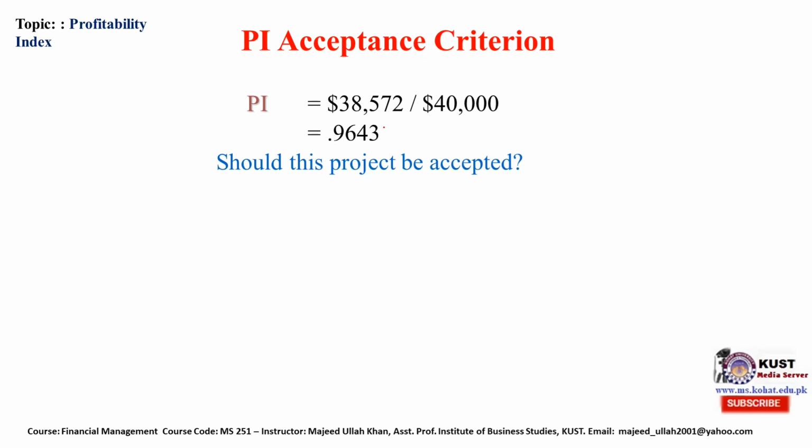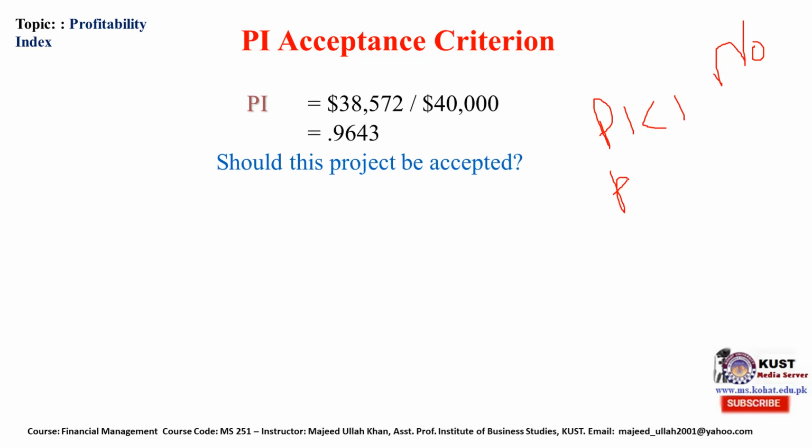As I told you, we should not accept this project, but the shortcut formula for this is: if PI is less than 1, then no, big no. We do not accept the project on the basis of profitability index.